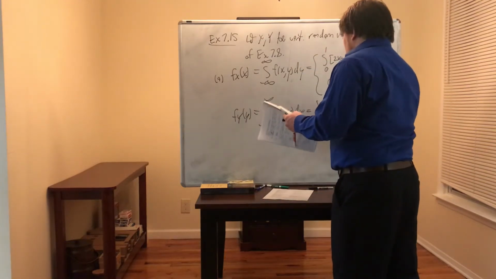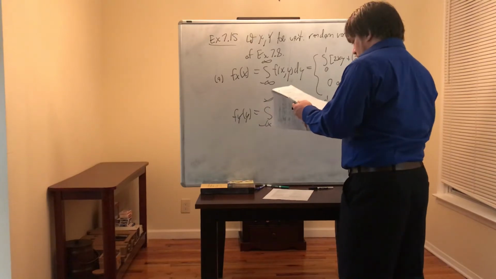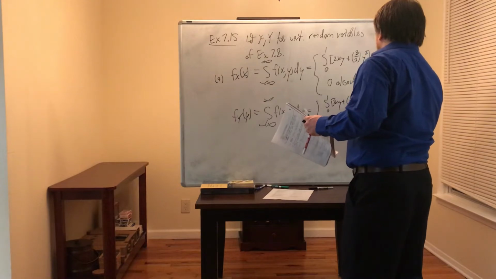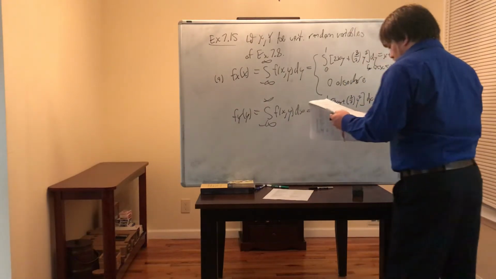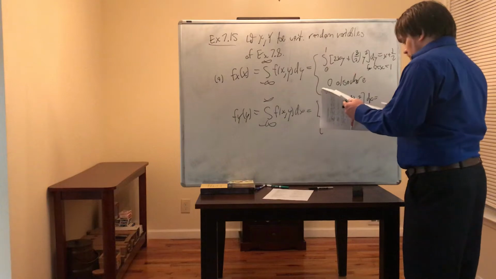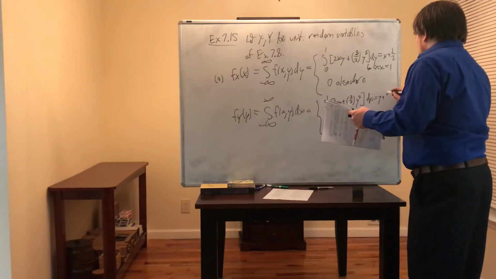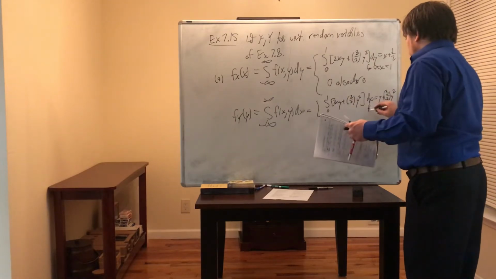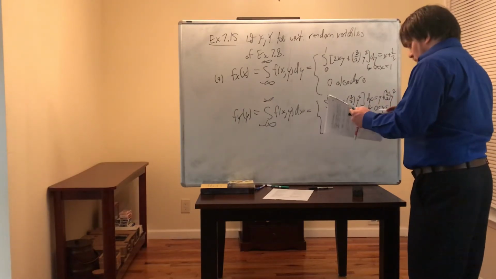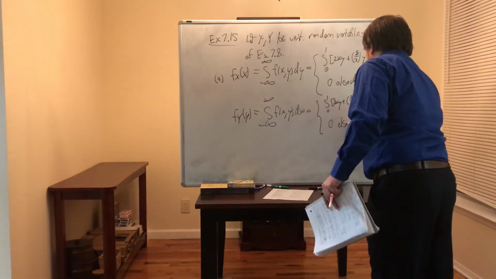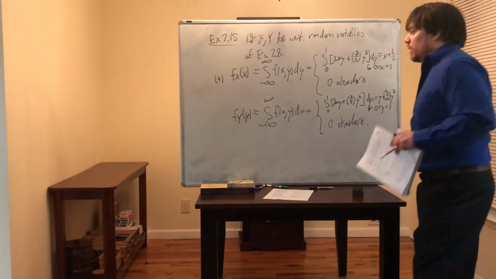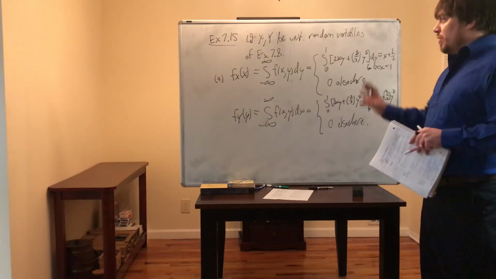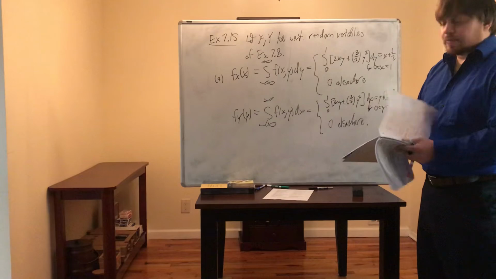That's equal to, in this example, the integral from 0 to 1 of 2xy plus 3/2 y squared dx, and that's equal to y plus 3/2 y squared, for 0 less than y less than 1, and 0 elsewhere. So these are the marginal probability functions of x and y respectively of example 7.8.